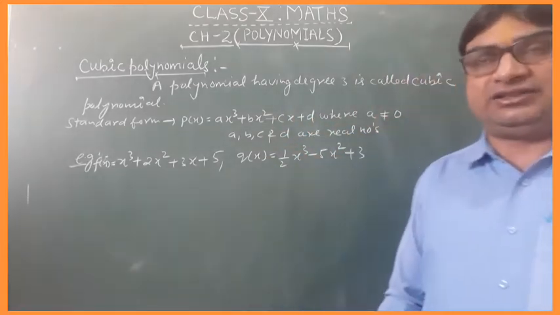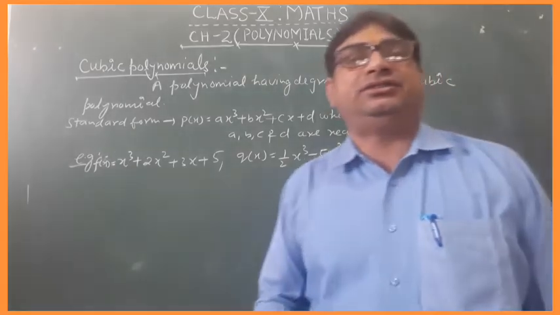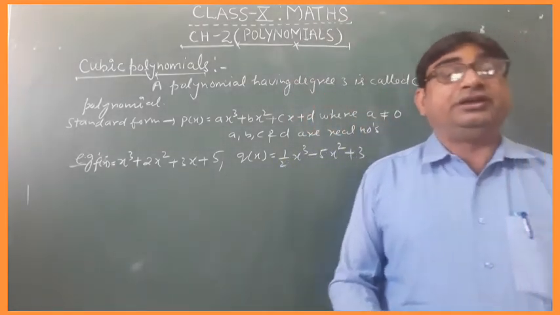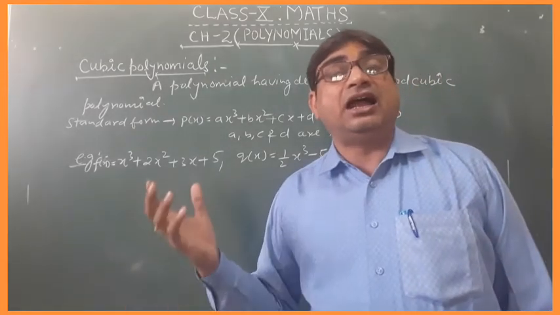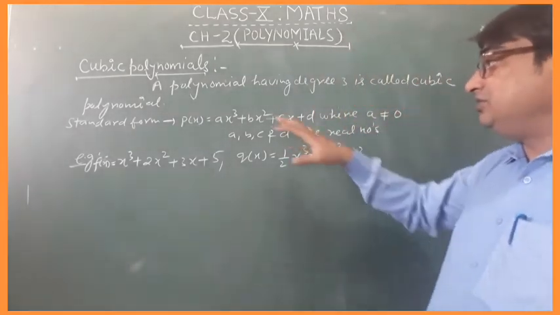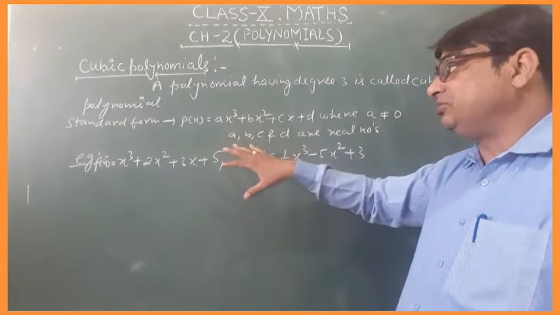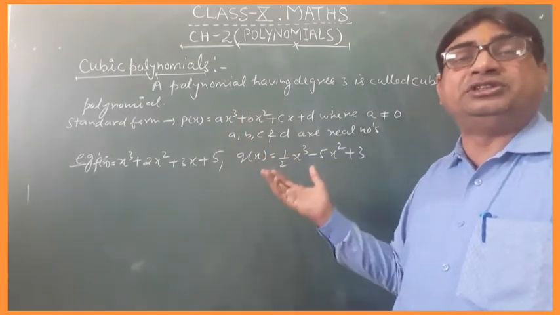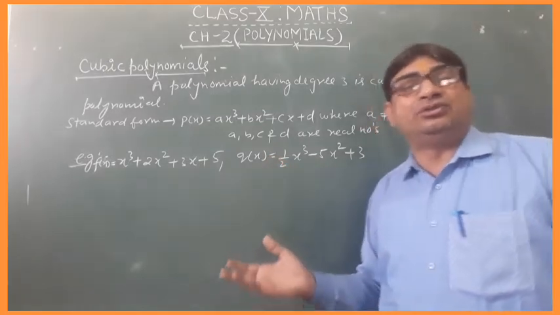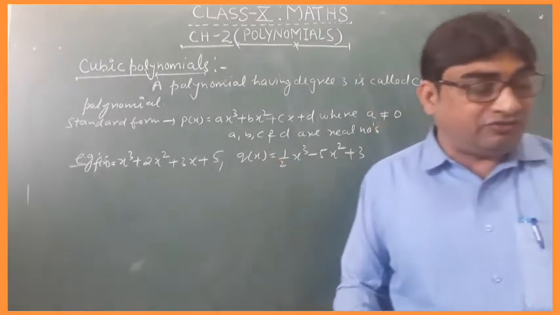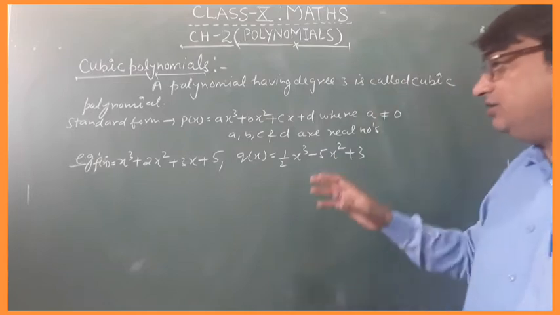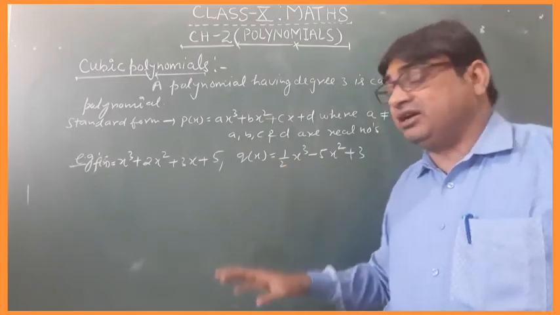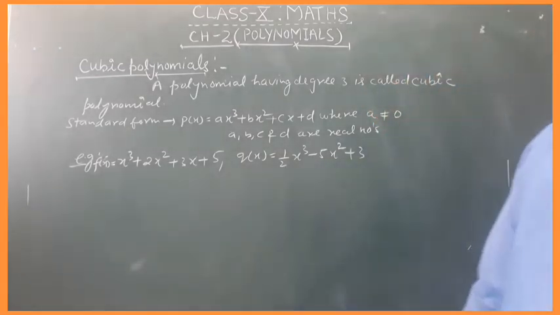After that, we will find the relationship between coefficients and the zeros. This is the cubic polynomial, it means there are 3 zeros: alpha, beta and gamma. So next topic, how we will find the relationship between zeros and their coefficients for a cubic polynomial.